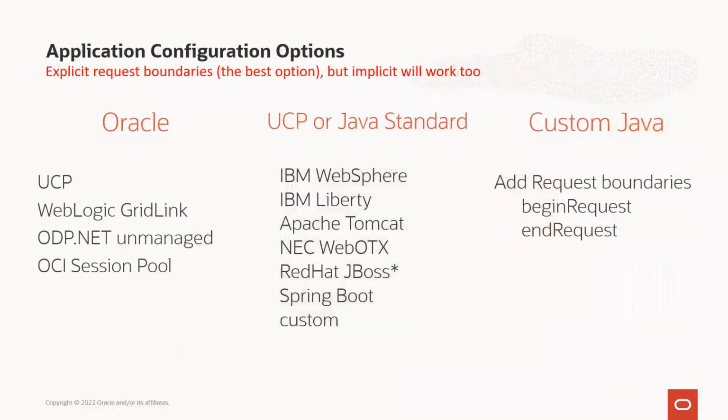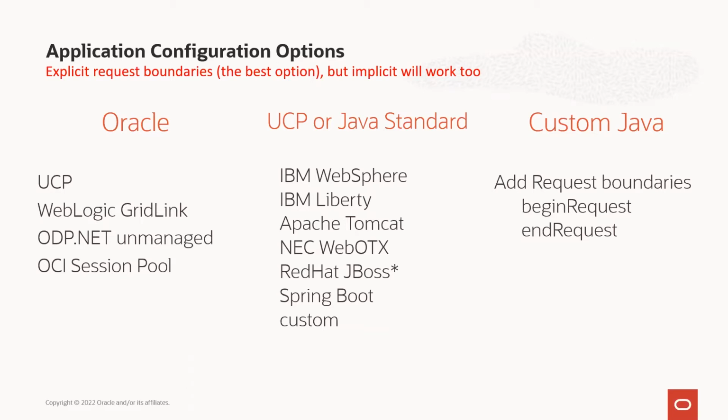So, configuration options, if you're going to be using explicit boundaries. From Oracle, I've mentioned you've got the UCP, which is the Universal Connection Pool, WebLogic Active GridLink, ODP.NET unmanaged, and the OCI session pool. These are all Oracle-supplied connection pool mechanisms.